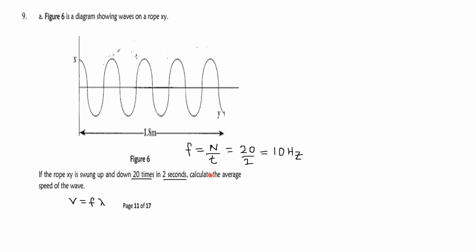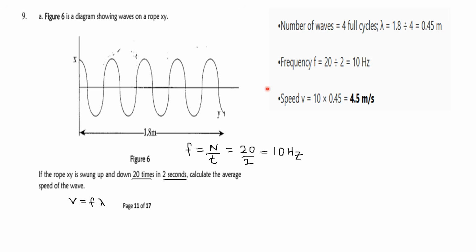All right, so that's what we have. To calculate speed with the information given, the number of waves is 4, the 4 full cycles, and to find the wavelength, simply take the entire distance divided by 4, the number of complete waves, which is 0.45.